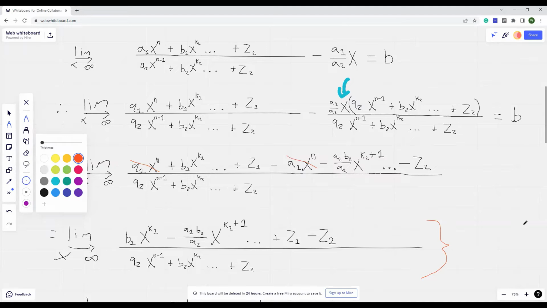Here's the beauty of it. All the other terms in the polynomial, whatever power they're being raised to, it doesn't really matter, because there's only three terms that matter. There's only three terms in either the numerator or denominator that can dictate the behavior of this limit as x approaches infinity.